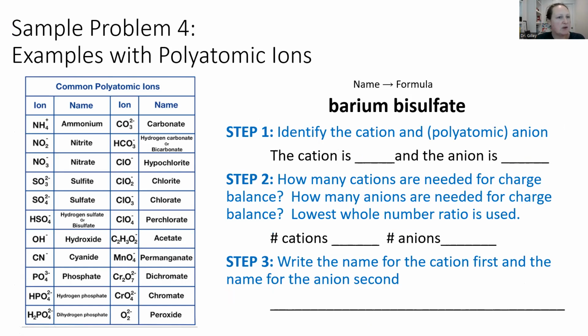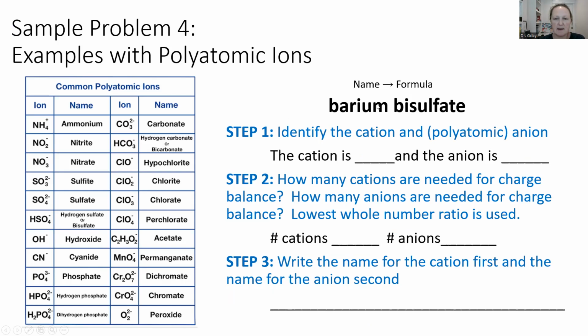All right, let's go ahead and do sample problem number 4, which is another example with a polyatomic ion. So again, in this case, we're going to be starting with the name and then asked to write the formula. So we're given barium bisulfate. So barium is not a polyatomic ion.